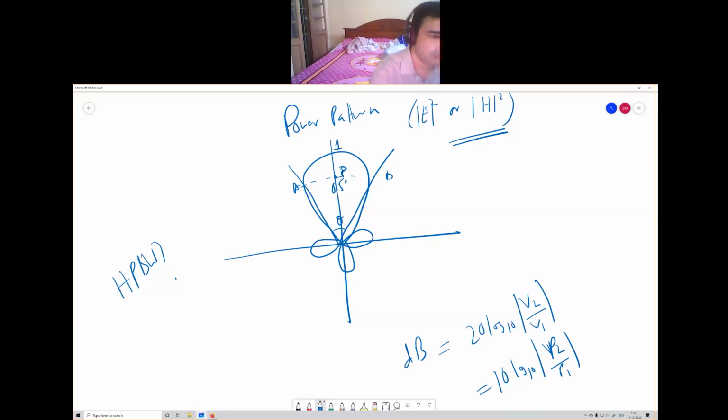So if P2 is equal to 0.5 of P1, what will that be in terms of dB? Suppose P2 is 0.5 times P1. So what will be the ratio in terms of dB?